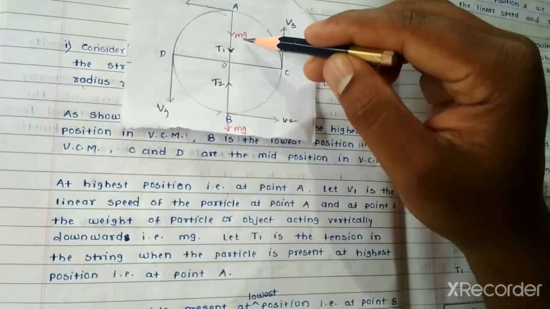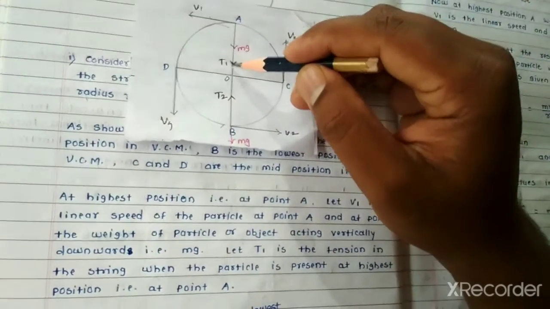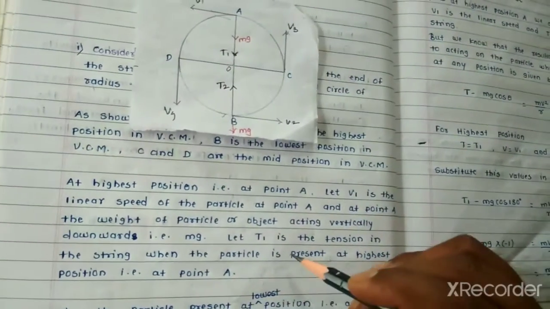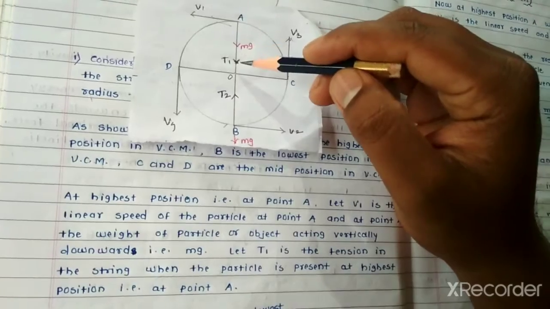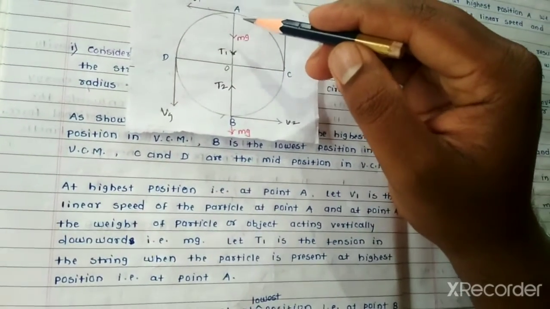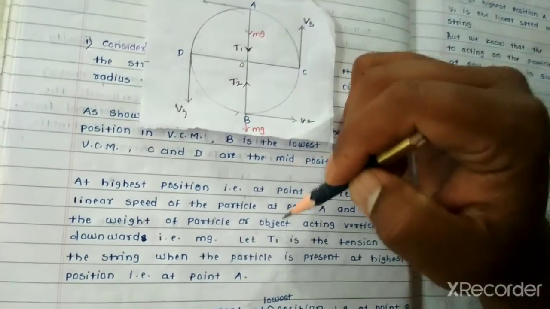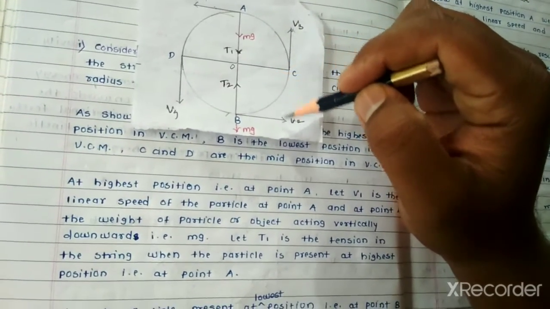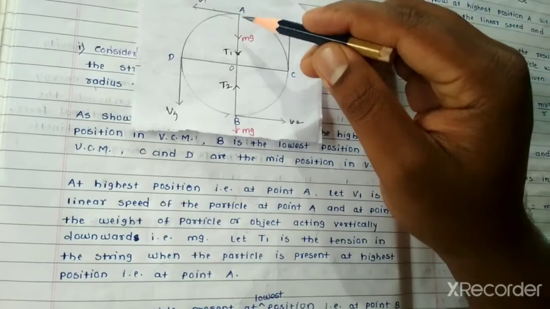Don't confuse between the words particle or object, it is the same. Let T1 be the tension in the string when the particle is present at the highest position, that is at point A.